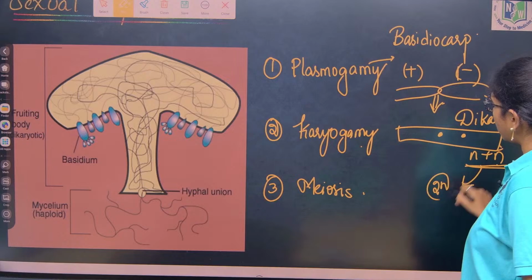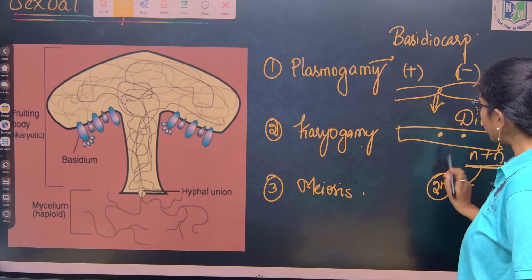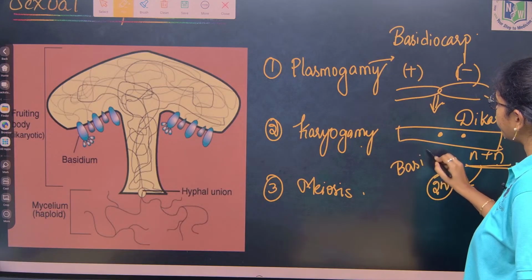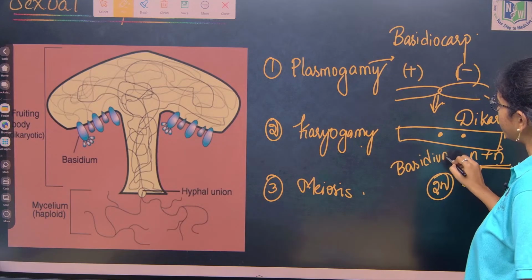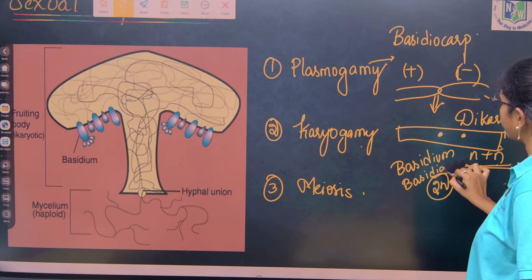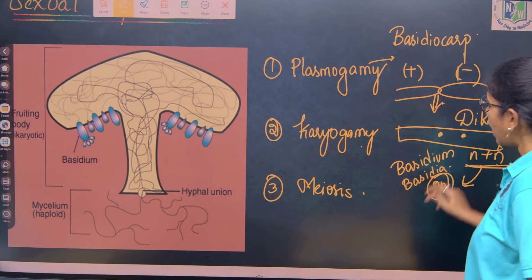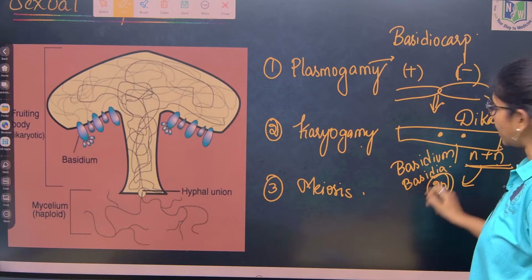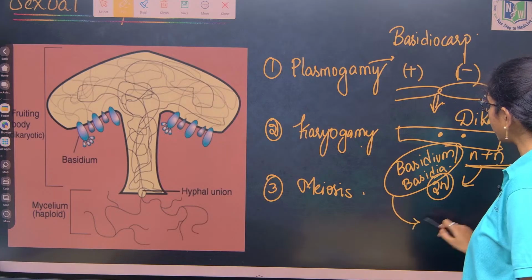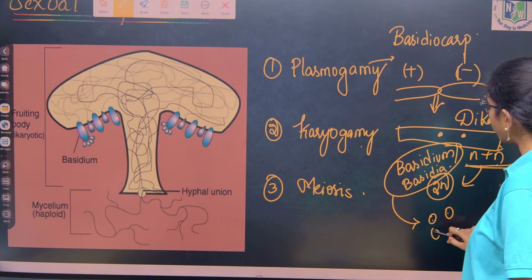In karyogamy, fusion of the dikaryon forms a diploid cell inside the basidia. Basidium is singular, basidia is plural, and it is the site of meiosis. Post meiosis, four spores will be released.